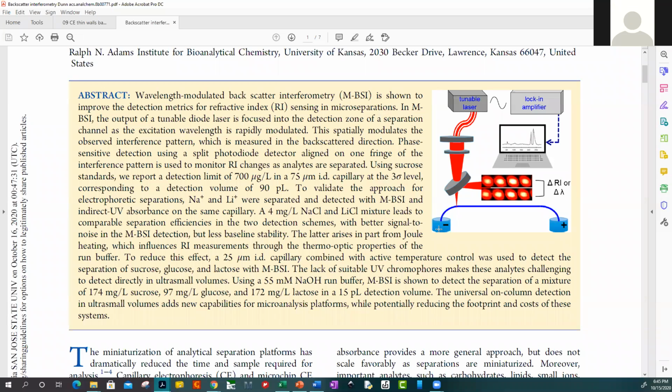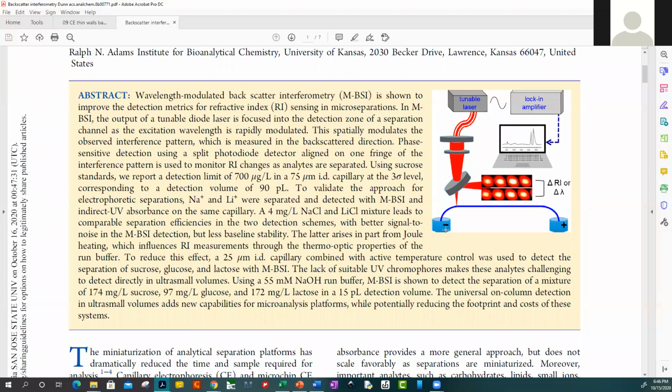The analytes are injected here, and then the electroosmotic flow goes this way, and you detect right before this, which is like the waste, and this is the running buffer. The analytes flow through this capillary and separate out, and then one by one they go through this detection zone, and blip, blip, blip, you get the peaks, and then they go to waste.